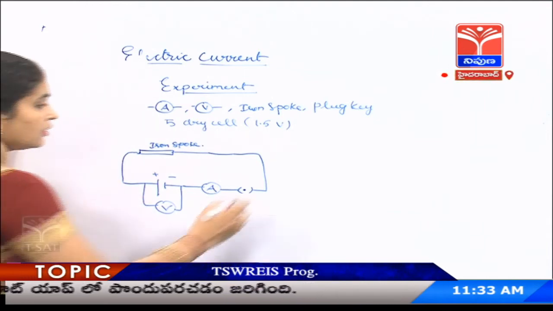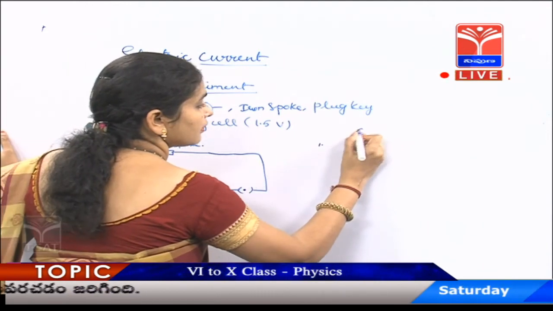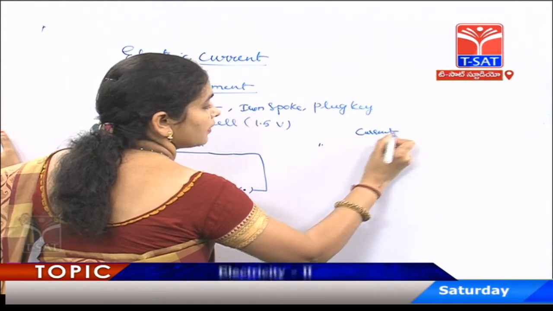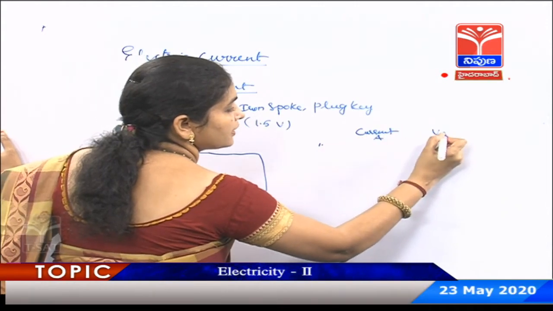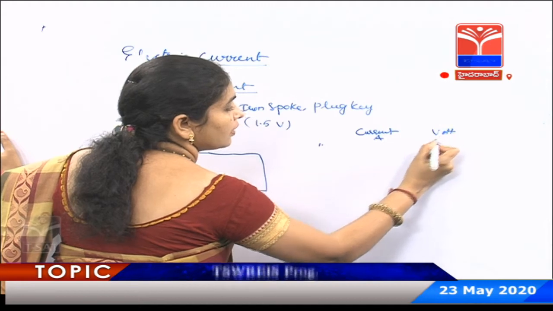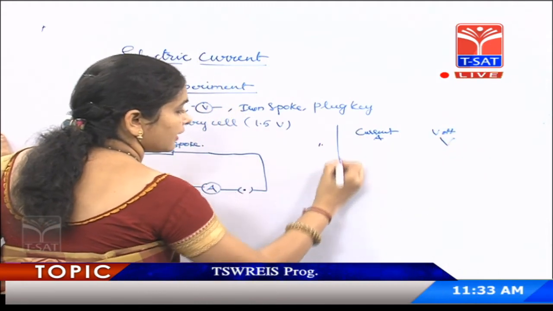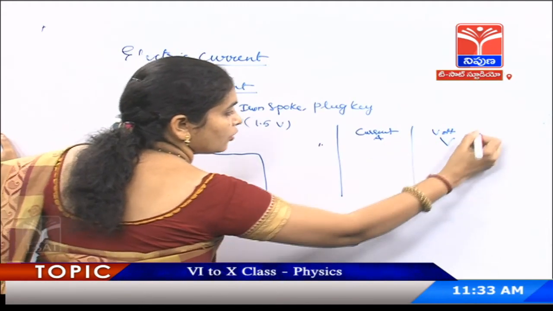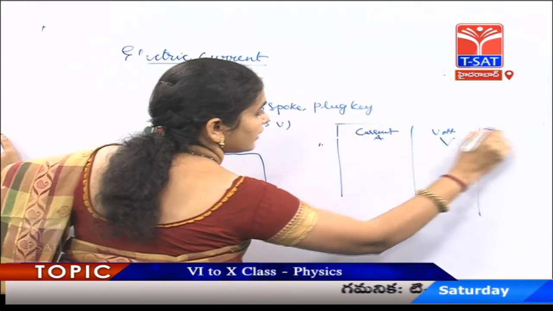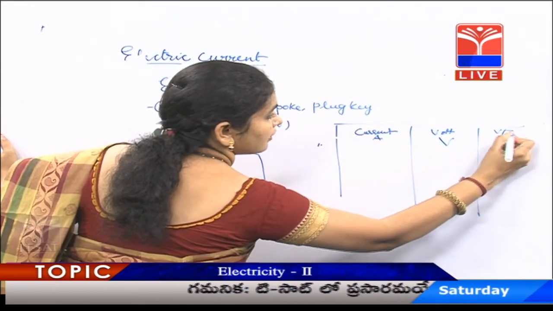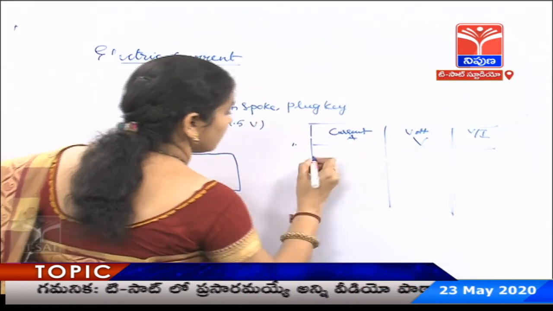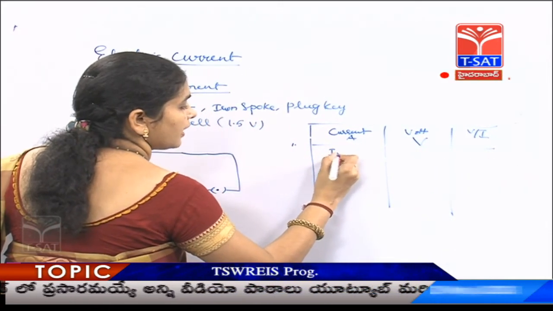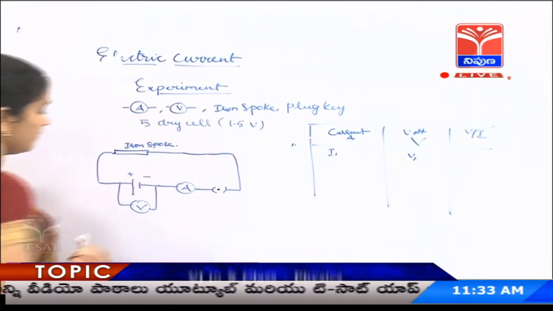Note down the current reading from the ammeter and the voltage reading from the voltmeter, and note the readings in the table as I1, V1.